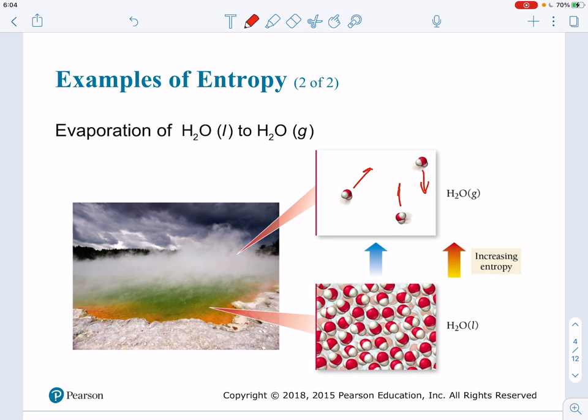Remember, the main difference between the gas phase and the liquid phase is that there is a huge amount of space between the molecules in the gas phase. In the liquid phase, the molecules are interacting with each other. In the gas phase, they are not. So the ways in which you can dissipate energy in the gas phase are a lot more.